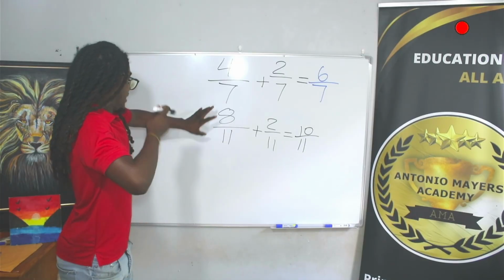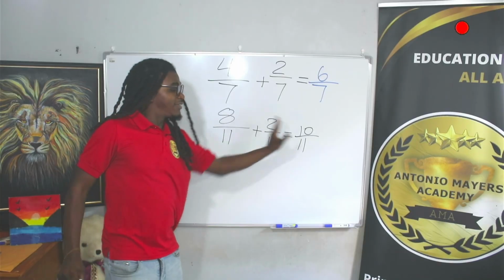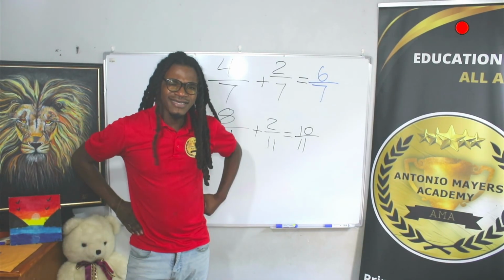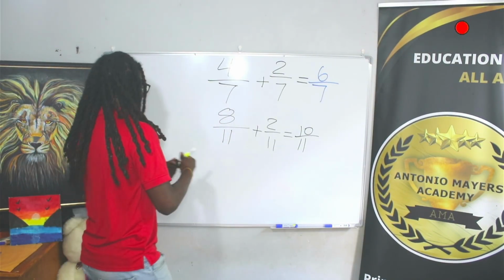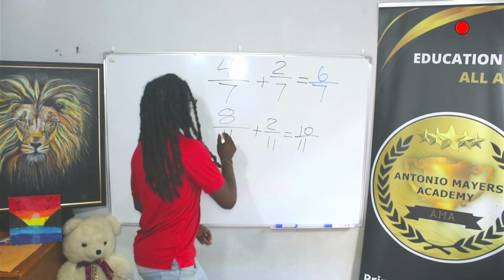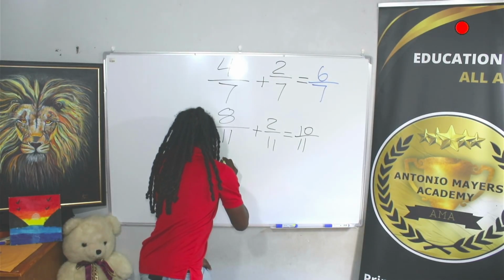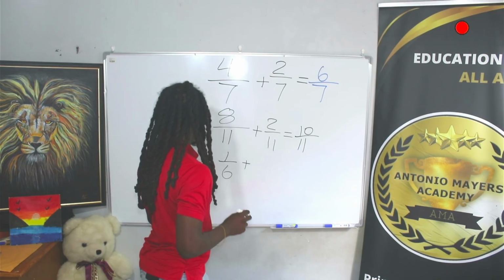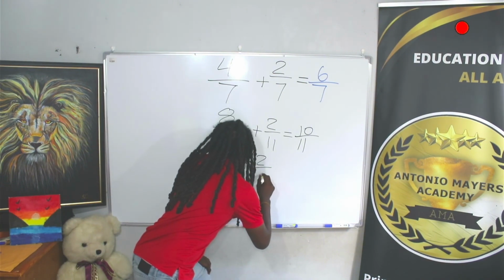As I said, if the denominators are the same, what we need to do is keep the denominator and just add the numerators, alright? But if the question is something like this, let me just say you have a question like this: 1 over 6 plus 2 over 6.